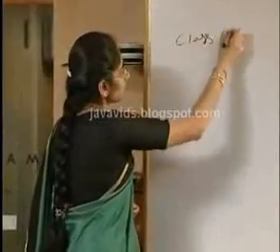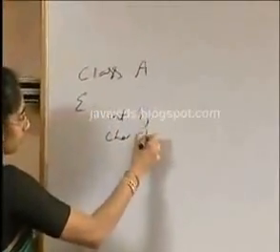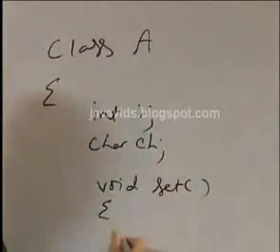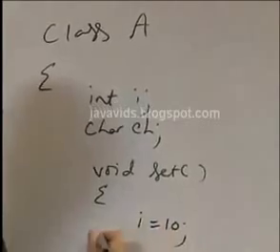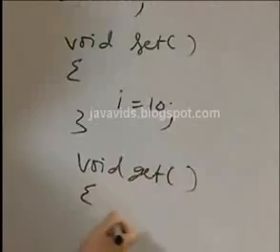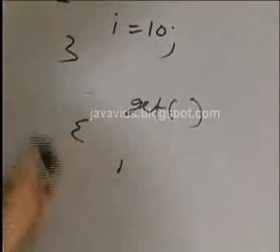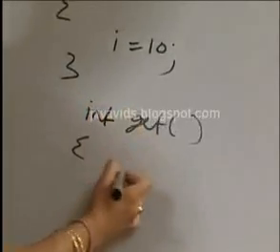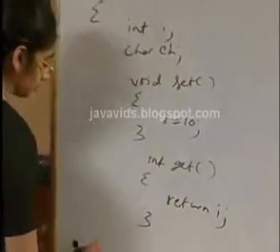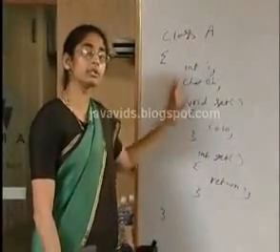So let's say we have a class with certain members. If you have a class, how do you access the members of a class?